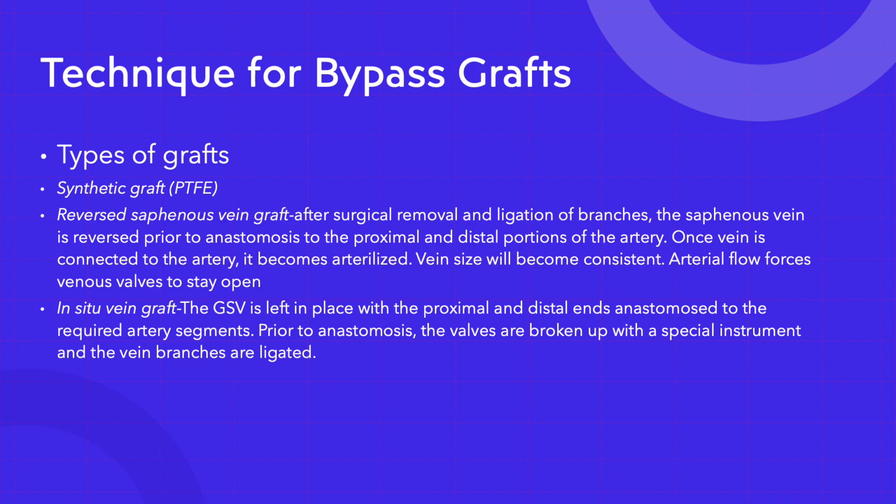But when you use the GSV, it has to be a certain size. You cannot have an SVT or thrombosis in the GSV. Our physicians like it to be above 0.3 centimeters or larger. So some people don't have a greater saphenous that they can use for those reasons. In that case, you would use a synthetic graft, PTFE.